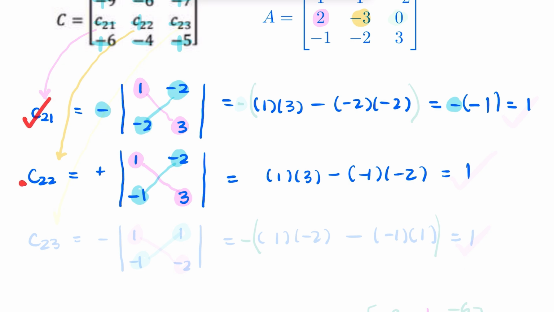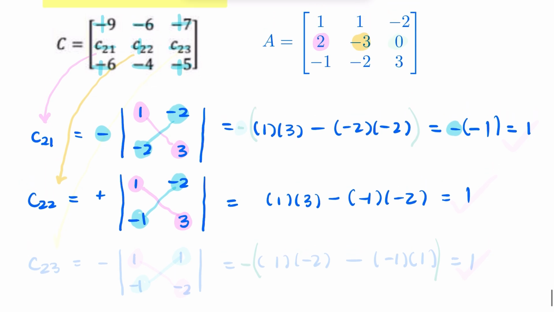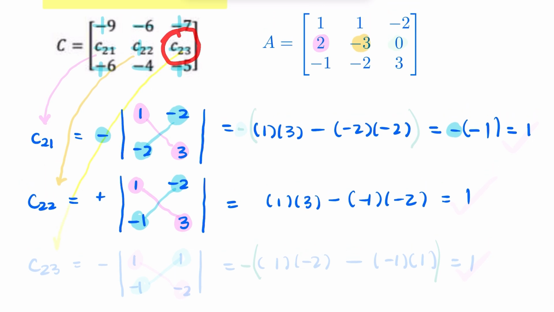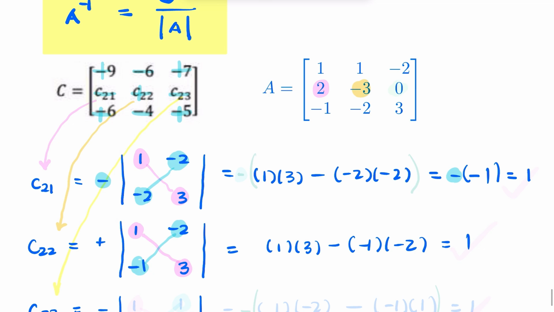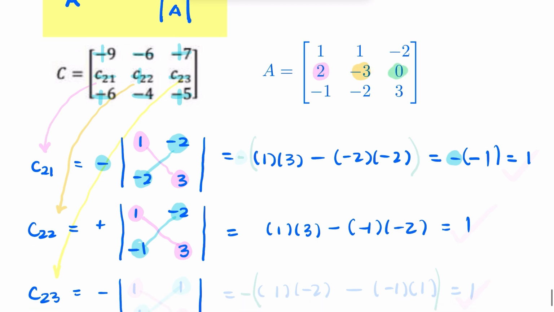And we can do that one more time for C23. Again, we've got a minus sign now, so it's minus the determinant of the cells after eliminating the row and column corresponding to the 0. So what you end up with is 1, 1, negative 1, negative 2.